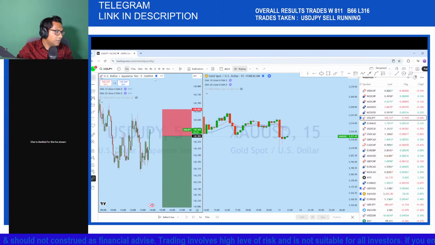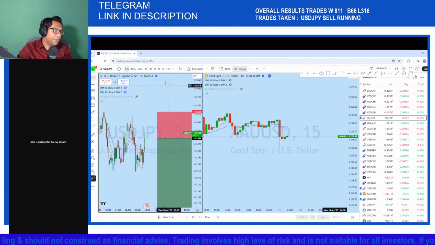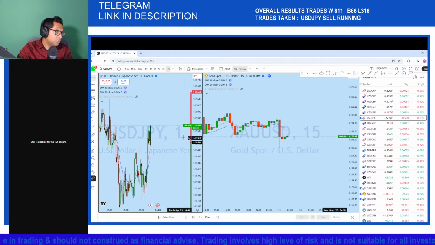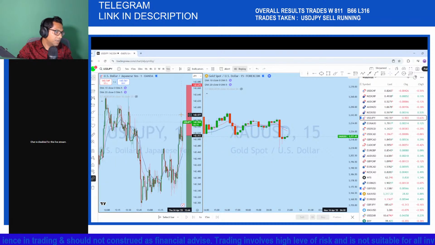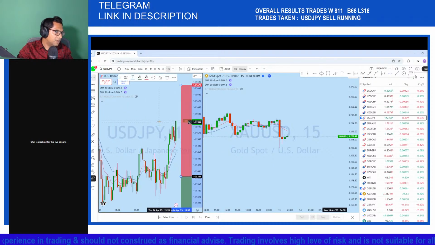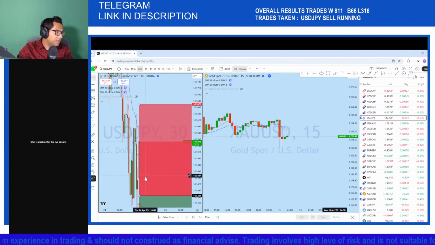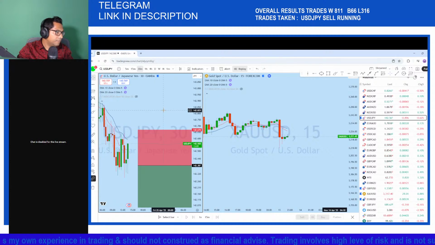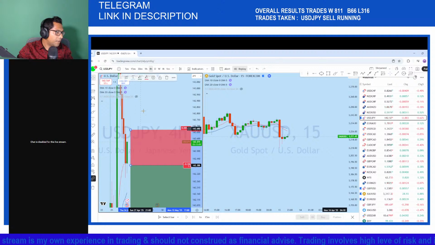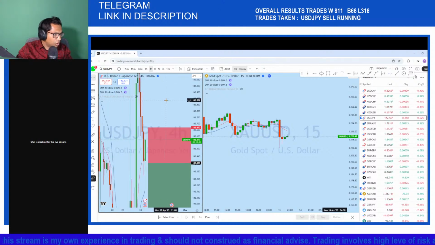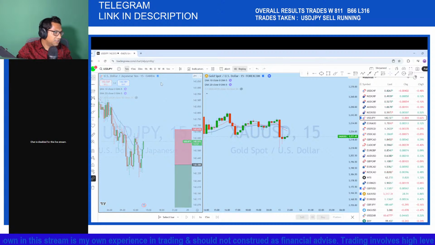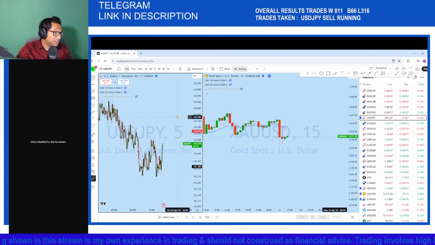Okay, so dollar yen is not moving as expected, so we could do a possible trade management here. We have entered earlier here, so at the moment we will be waiting, this is the 15 minutes and the lower time frame price action.